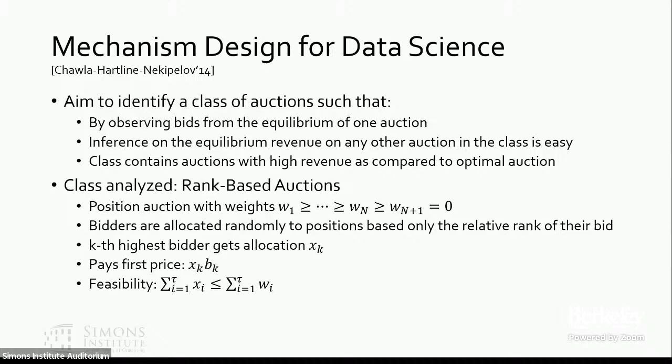The feasibility constraint is that the amount of allocation I assign to the top tau bidders should not be more than the allocation that's there in the top tau slots. So this is the class of auctions.